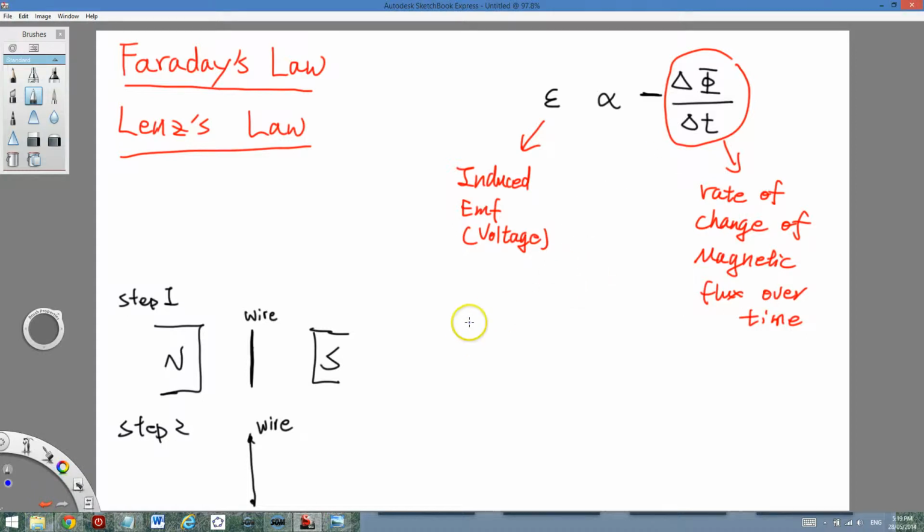The voltage can be calculated. The induced EMF is basically minus N, where N is the number of coils. We learned that in the DC motor. So N is the number of coils, the number of wires, times the rate of change of magnetic flux over time.